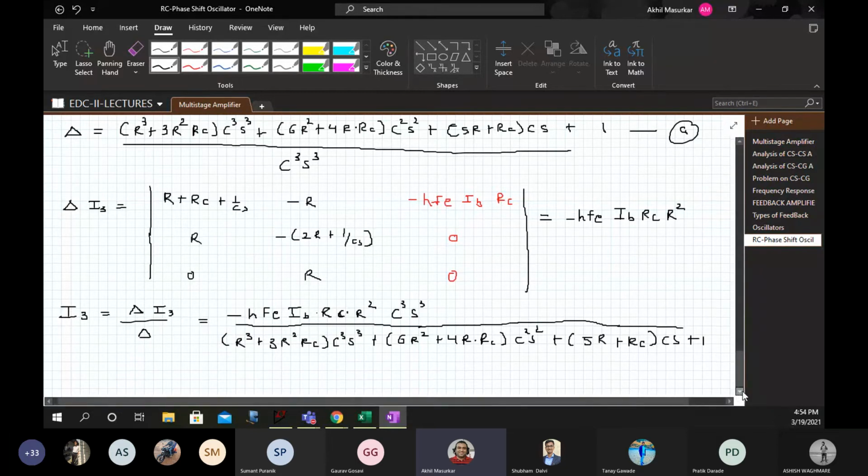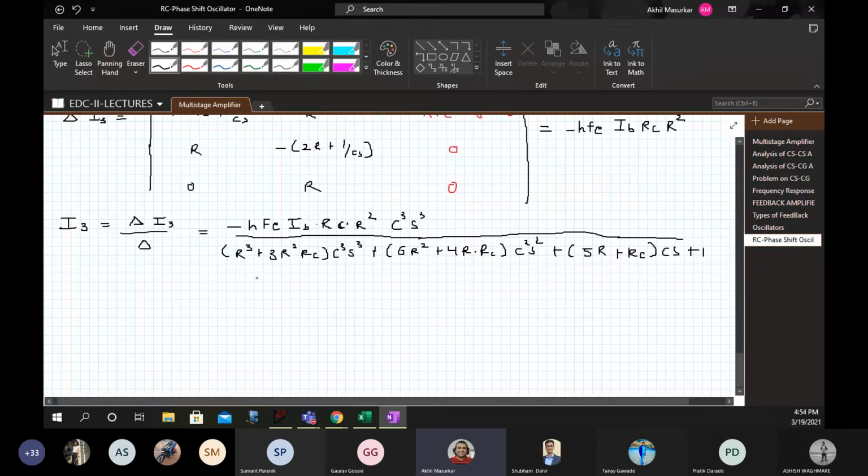Now, to have sustained oscillations, what is the criteria for sustained oscillations? To get sustained oscillations, A into beta should be equal to 1.